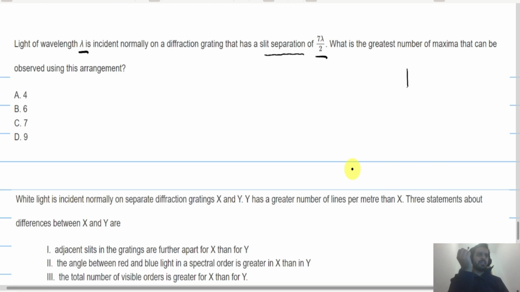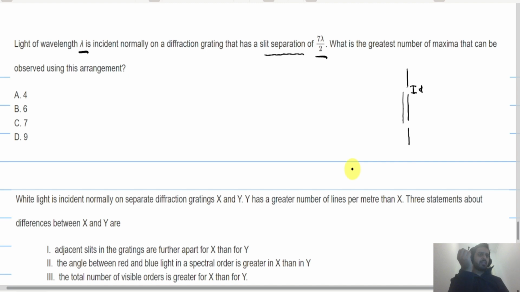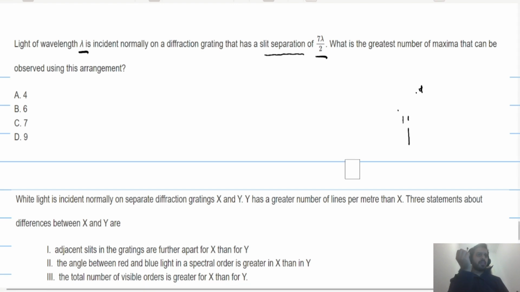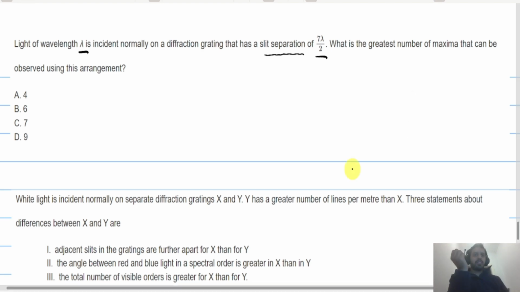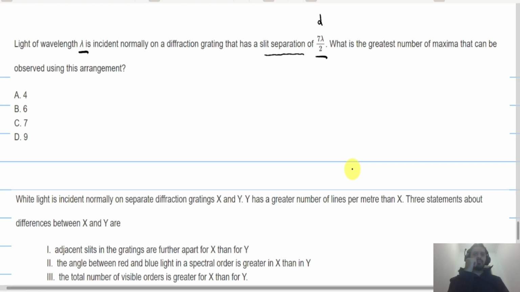For example, in a double slit experiment, the slit separation can be different from the width of the slit, which is this one. So this is d, but this separation is sometimes written as s, the distance between two slits. But for a diffraction grating, because the slit width is not given in this question, we will assume that this is just d, or the width of the slit.